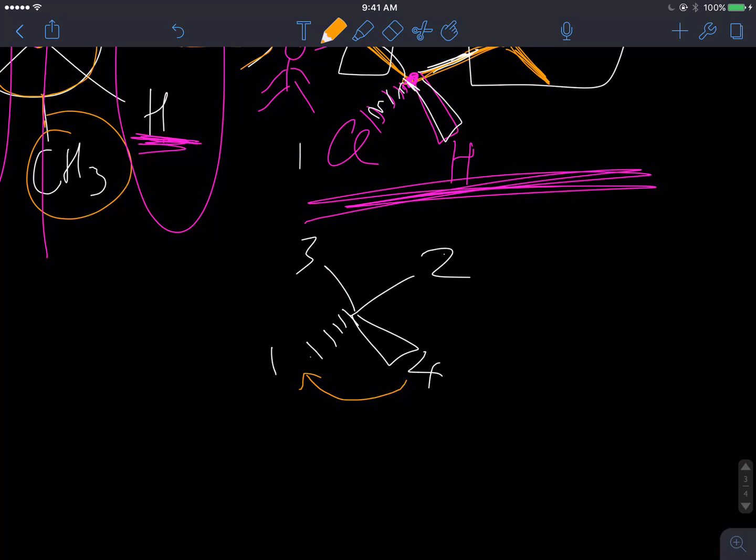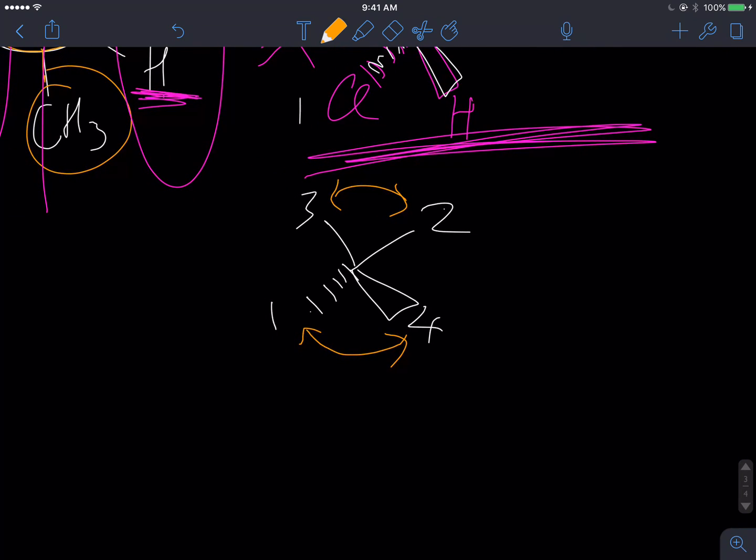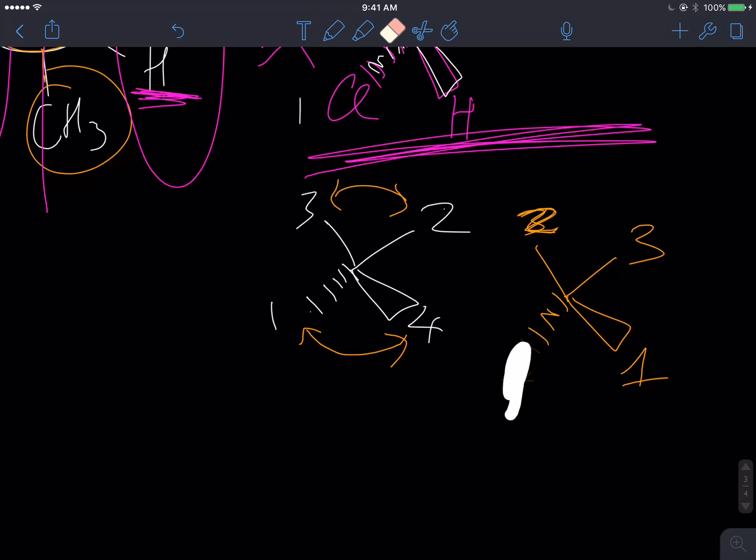So switch that with number 1, and when these two switch, 2 and 3 have to switch as well. So you will have number 4, number 1, number 3, number 2. And now you can ignore number 4.